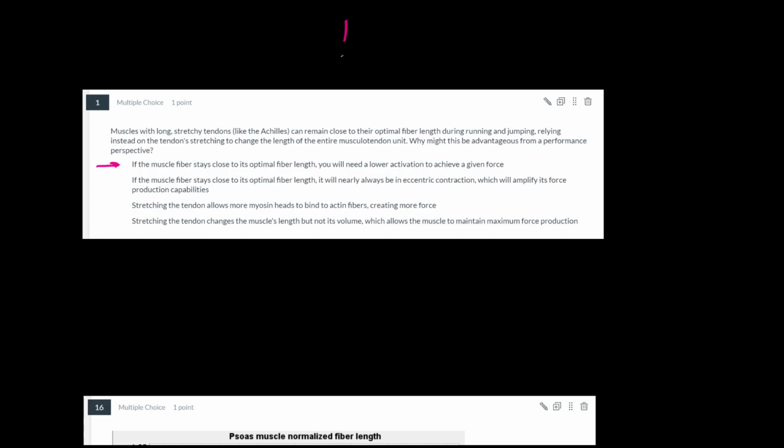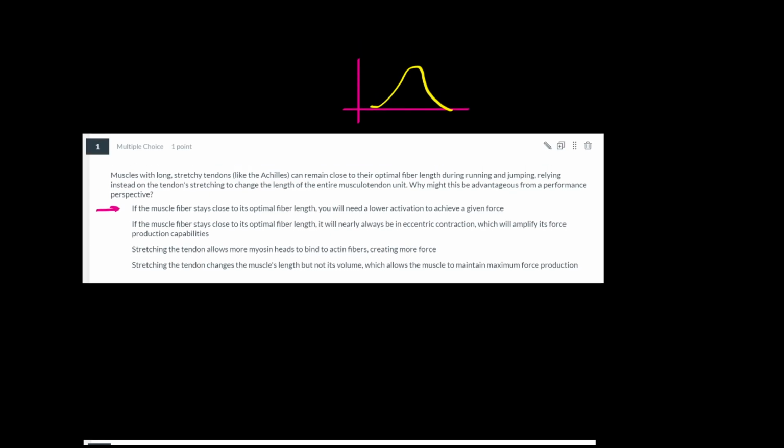So if, let's say, your force length curve looks like this, and let's suppose the maximum isometric force production capability of this muscle is 100 pounds, and you only want to produce 50 pounds. Well, if you're at the optimal fiber length, you can do that by just activating this muscle at 50%.